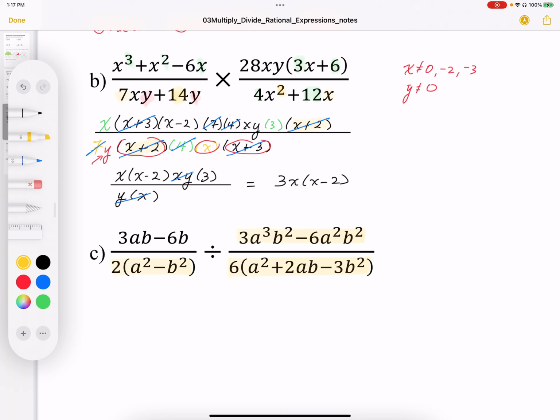Okay, so I'm still going to factor first, and then I'm going to state my restrictions, and I'm also at the same time going to flip my fractions, so my divide by a fraction the same as multiplying by the reciprocal. So I'm going to factor out my common factor in the numerator here. So I have 3b as my common factor, and I'm left with a minus 2. This is all going to end up being one big fraction again.